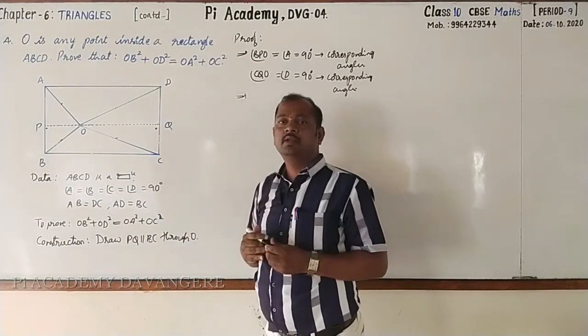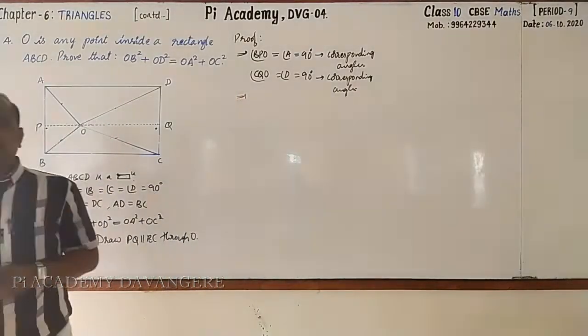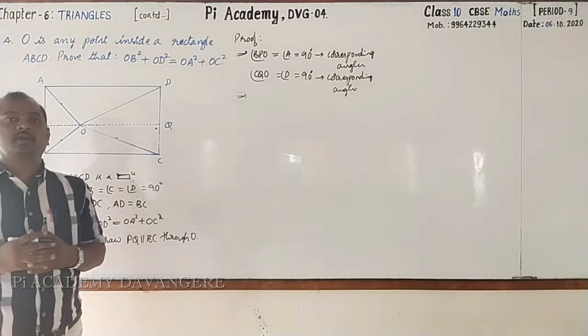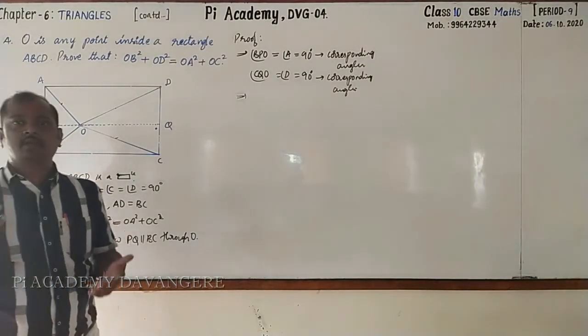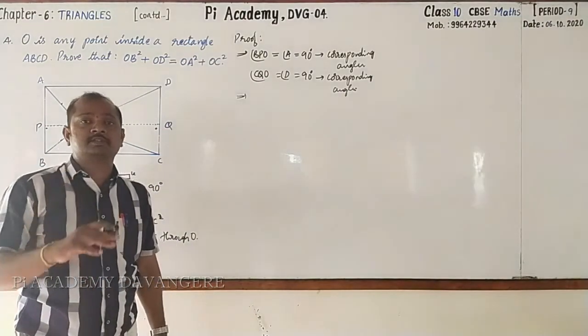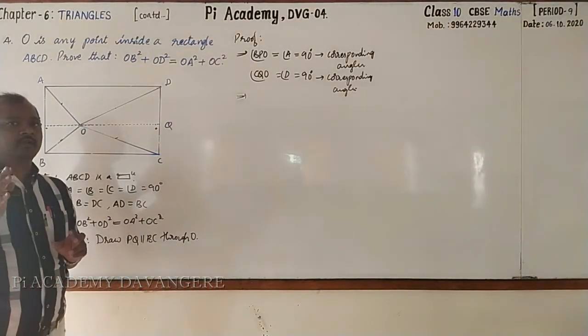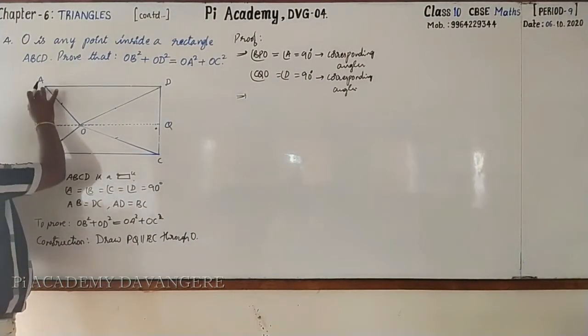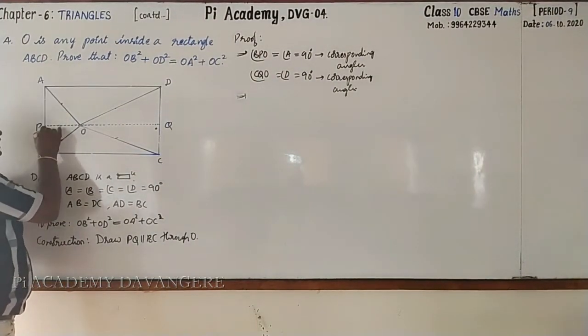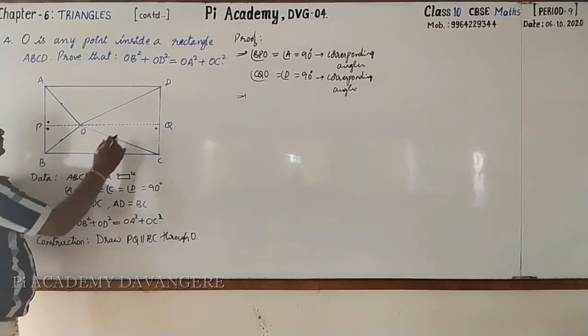BPQC is a rectangle. You all may be thinking, sir, a rectangle is a parallelogram in which each angle is 90 degree, or a rectangle is a quadrilateral in which opposite sides are equal and each angle is 90 degree. Right? Here also, look here. As OP is perpendicular to AB, this angle is 90 degree, this angle is 90 degree.